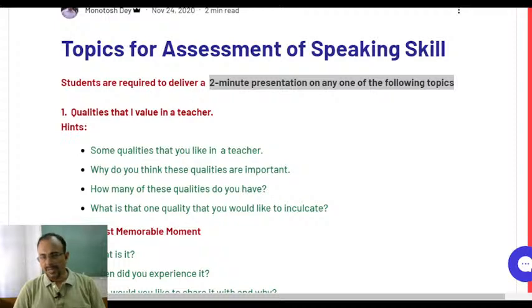So 5 plus 5, 10 marks will be there, and then I'll take the average of this and take out 5 from it, and then another 5 will be for listening skill. Okay, I shall give you an mp3 file for you to listen, and then there will be a worksheet.